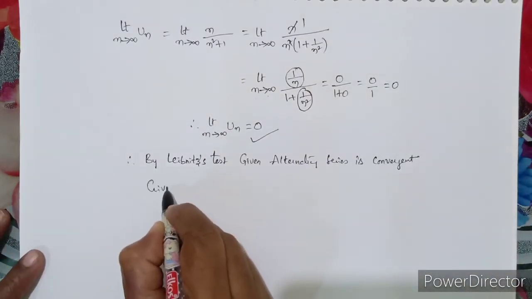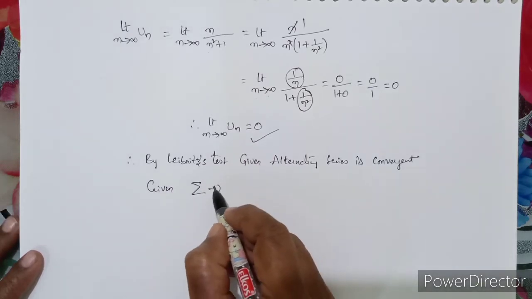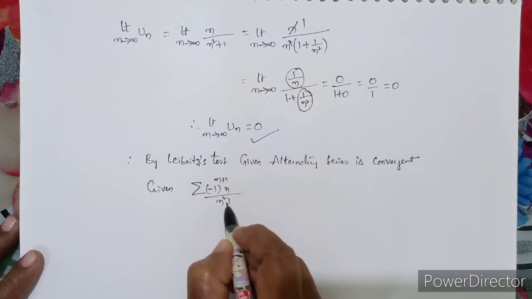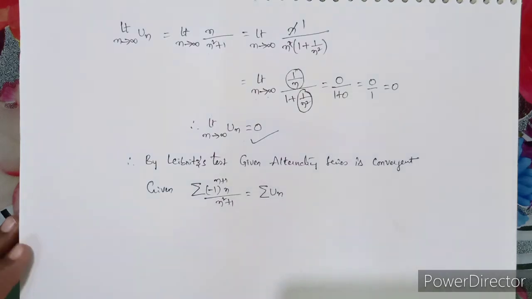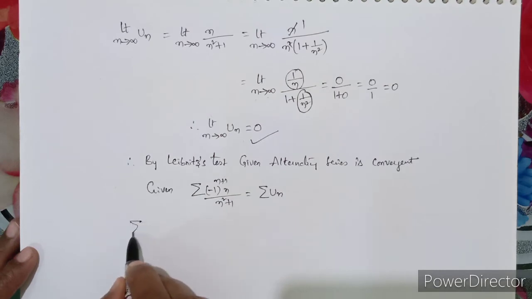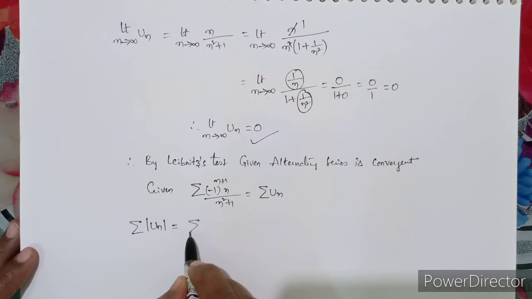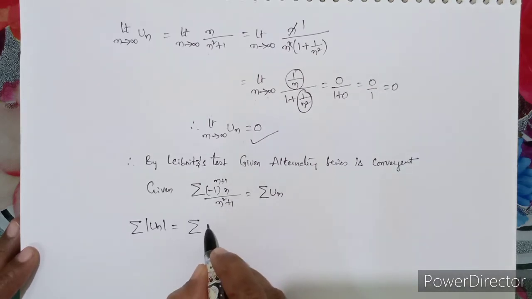Given sigma minus 1 whole power n plus 1 into n by n square plus 1. This is sigma un. We have considered this series as sigma un. Now we take modulus. Sigma modulus of un is equal to sigma, by making all the negative terms positive, n by n square plus 1.